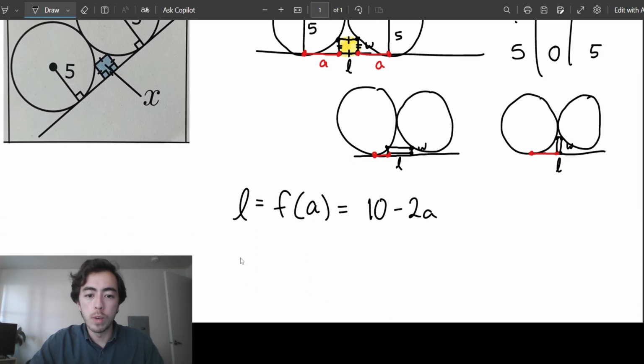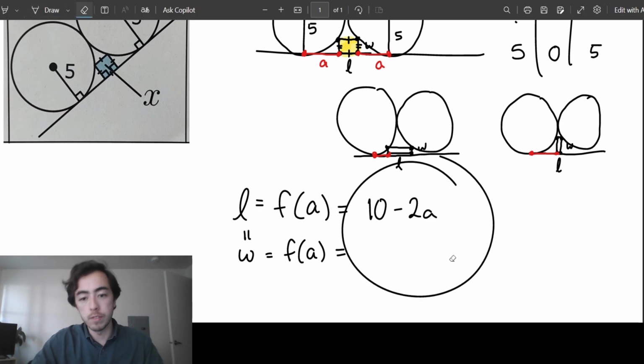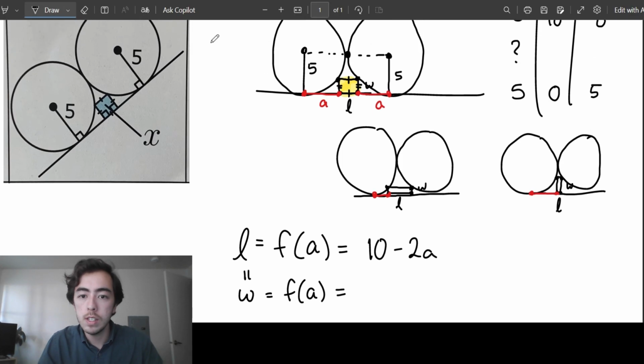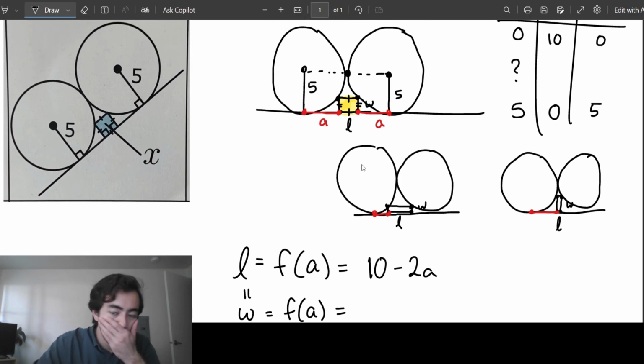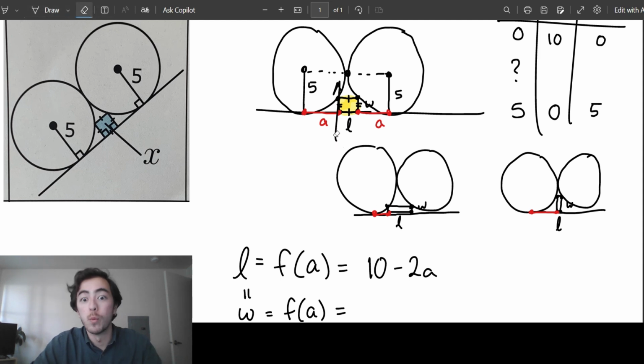I think the width, or I guess technically the height maybe of the rectangle, is going to be a bit harder. I still want to express it as some function in terms of A though. That way, when I set the length and the width equal to each other, then I'll be able to solve for A over here. So somehow moving this A this way is going to increase my width by some amount.